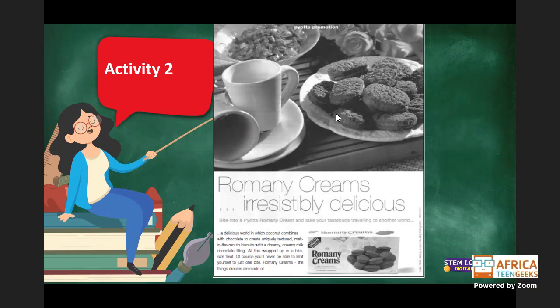Yeah, to emphasize. Thank you, Rifka. So the big words help to attract the reader's attention, right? And the words emphasize how delicious or irresistible these biscuits are, and the name of the biscuits.